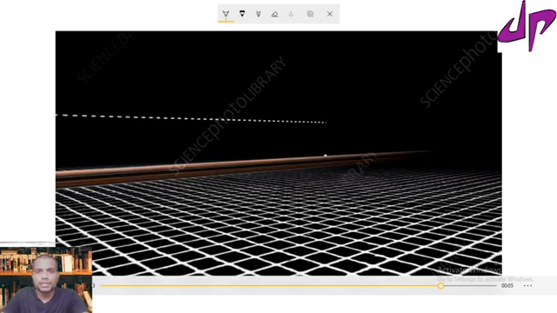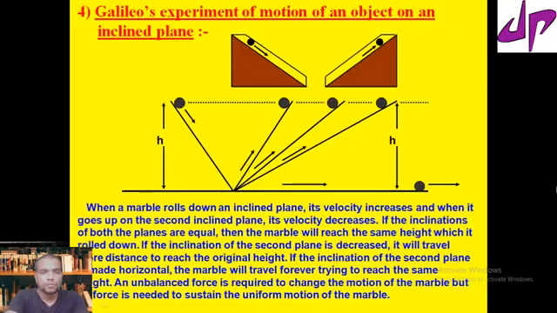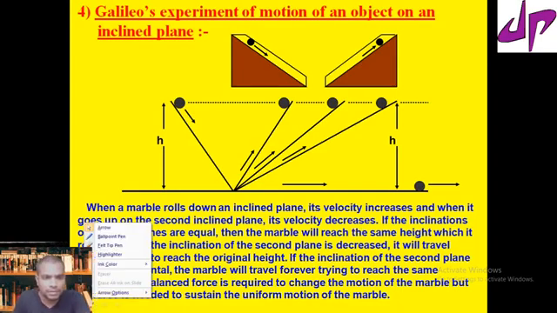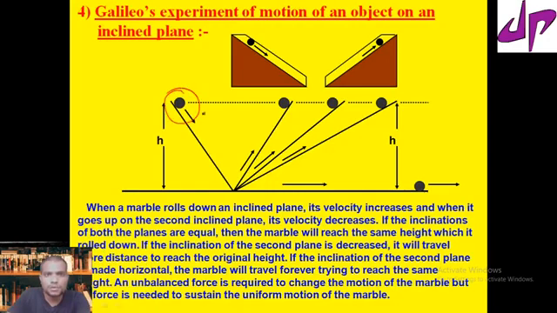Now you can see that when a marble rolls down an inclined plane, its velocity increases, and when it goes up the second inclined plane, its velocity decreases. In this first case, the marble always wants to reach the same height.